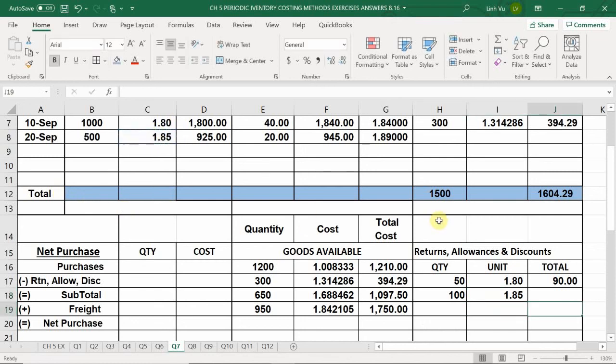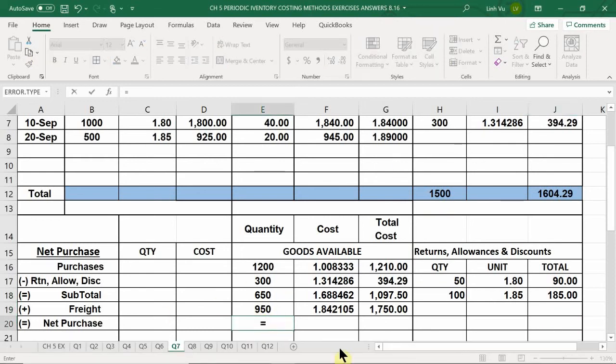Okay. So then that brings me a total refund of $185. So then now once again I need to update my inventory because now I no longer have 500 items, right? Because I end up returning 100 of them.